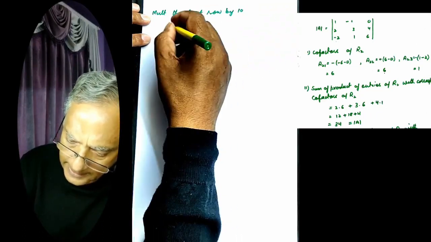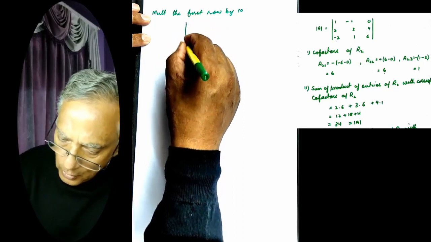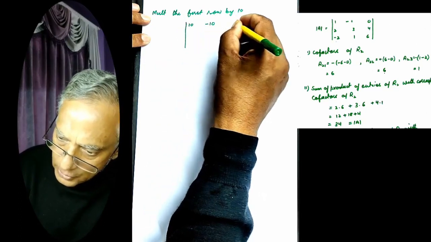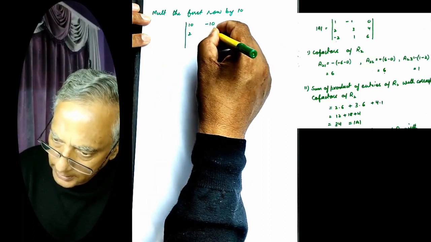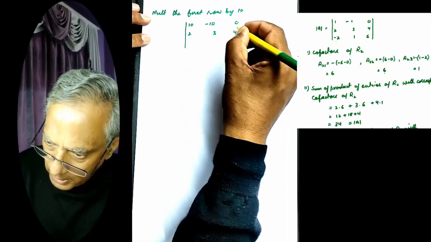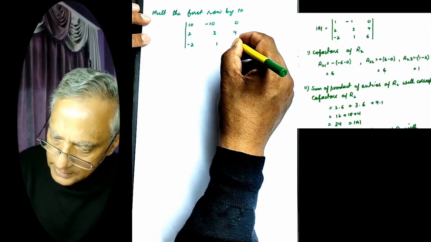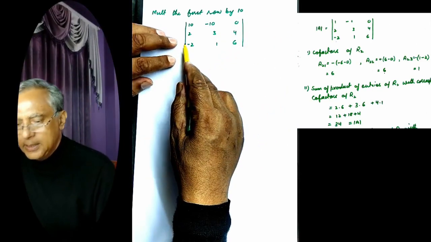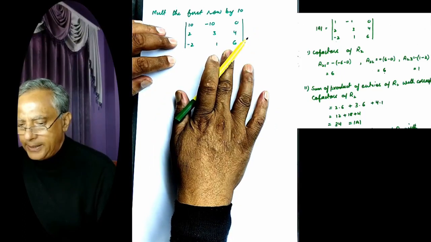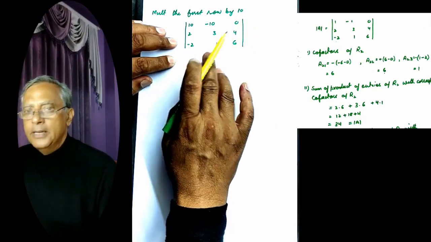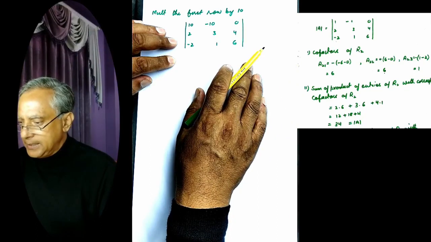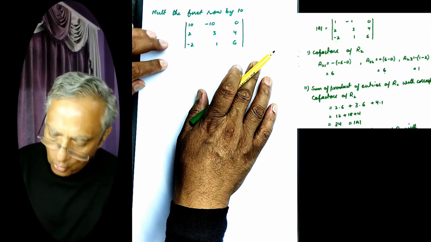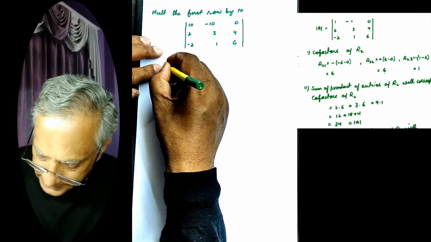What we get is 10, minus 10, 0, 2, 3, 4, minus 2, 1, 6. Now, if we evaluate this, the value will come out to be 10 times the value of determinant of A. That is 10 times 34.